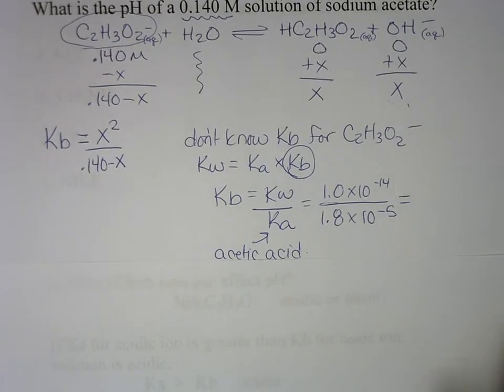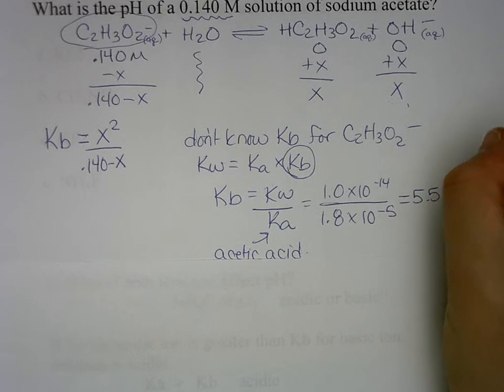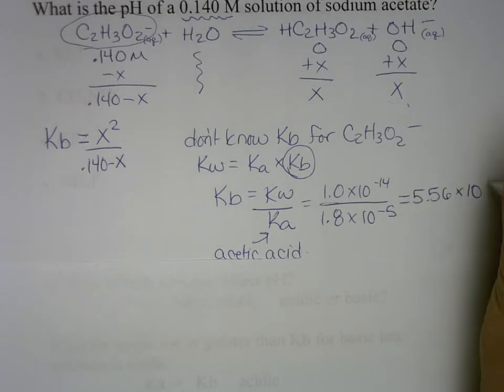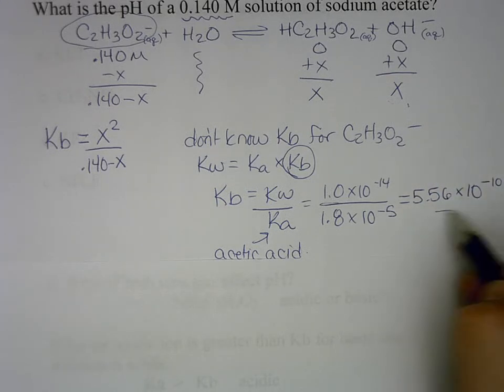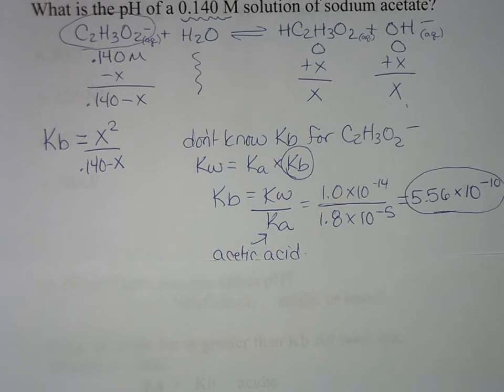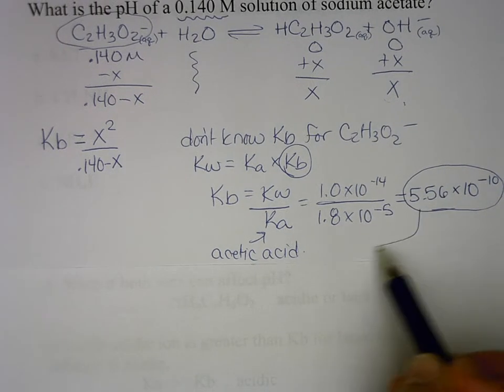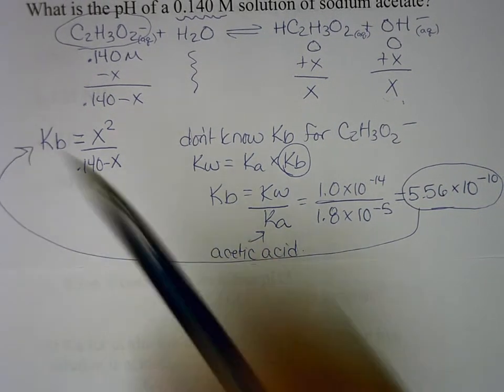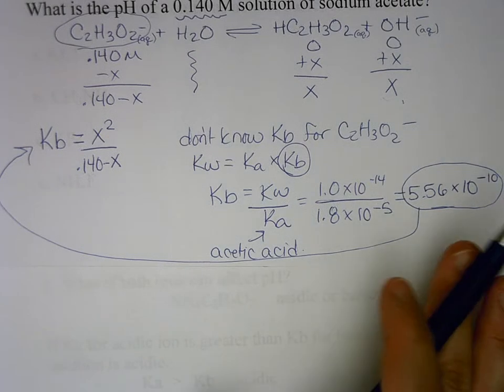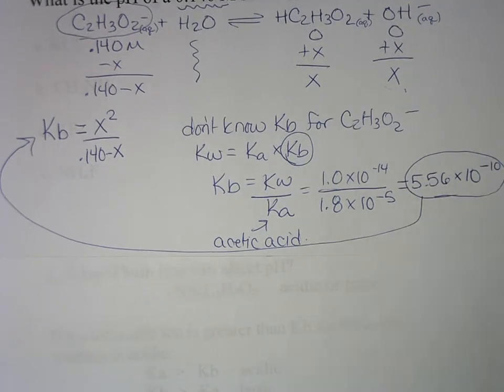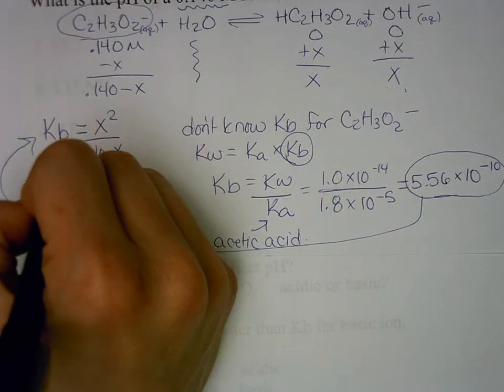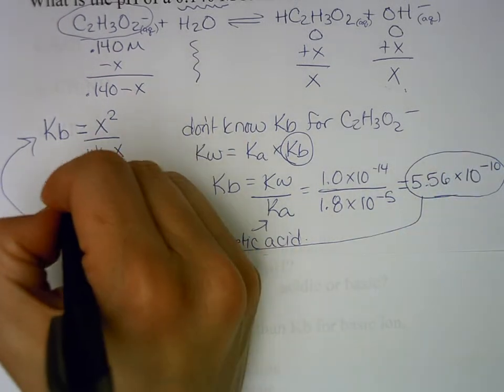That gives me a Kb value of 5.56 times 10 to the negative 10. I can take that number and plug it in over here for Kb. And then you can solve for x once you know what the Kb value is. And x is equal to your hydroxide ion concentration.